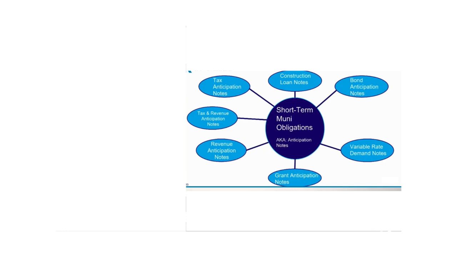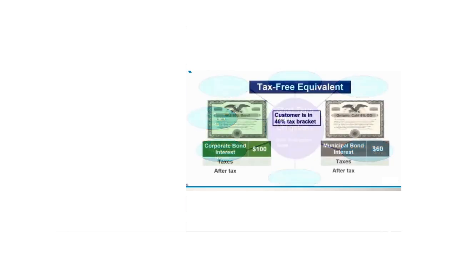So, for example, a bond anticipation note raises money in the short term, anticipating it'll be repaid when a long-term bond issue closes. Likewise, tax anticipation notes raise money in anticipation of repaying it when tax revenue gets collected. Again, I don't want you to worry about being an expert on each one of these. Just remember they're all short-term and they get repaid with whatever revenue they were issued in anticipation of.